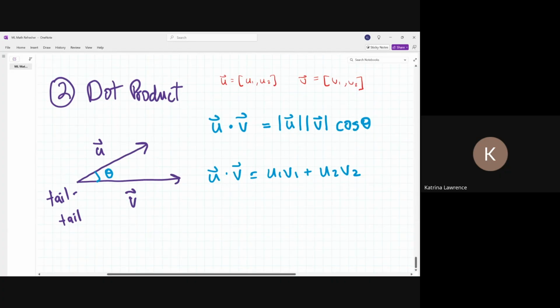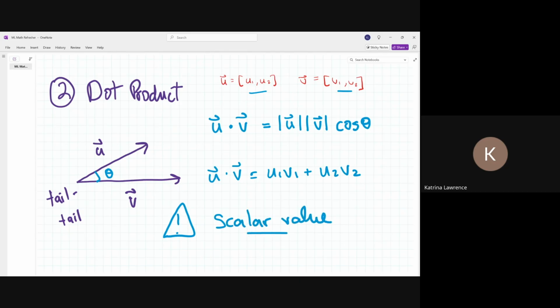So we can take the components directly from our Cartesian vectors over there. And the most important thing that I'm going to tell you here is that the result of dot product is a scalar value. Scalar value means that it is not a vector, and since it's not a vector, it only has magnitude, but no direction.